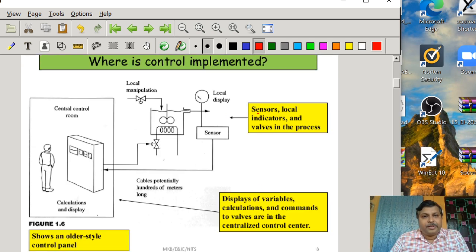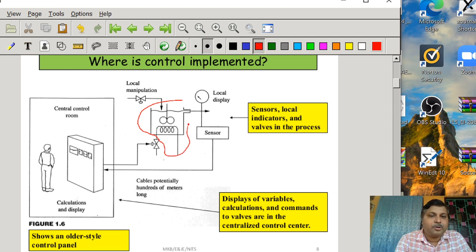To understand where the control is implemented, we will take the example of a control system. Suppose we have a process, a typical process, and maybe we want to maintain the level of this tank. This is the objective. This process may be located anywhere inside the process plant.